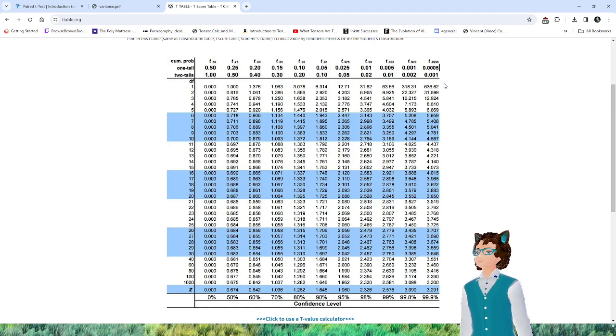We exceed that, so the one-tail probability, the p-value for the 9 heads and 1 tail, is less than 0.0005, or 0.05% probability of happening by chance.